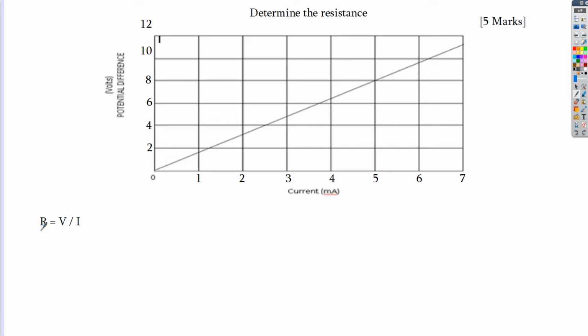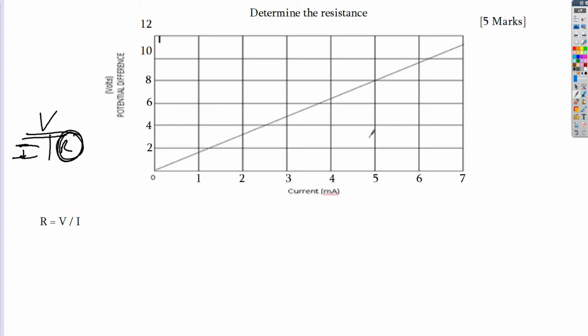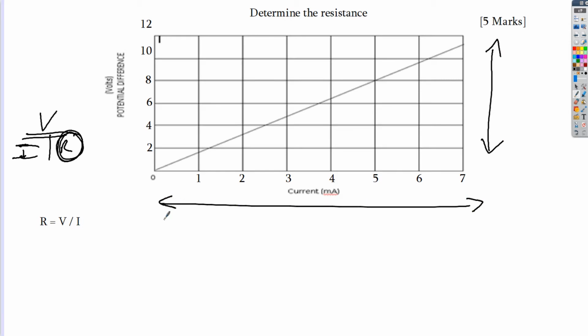And we know that resistance is voltage divided by current from Ohm's law, because V equals I times R. So R, if we're trying to find out resistance, is V over I. So the voltage divided by the current is resistance. And voltage divided by current is the gradient of our graph. Voltage divided by current is the gradient. And the gradient is resistance.